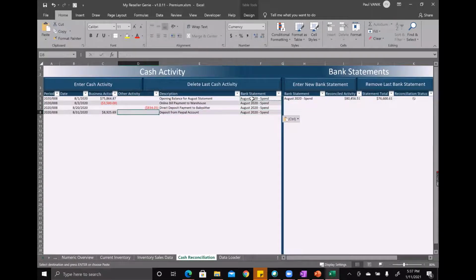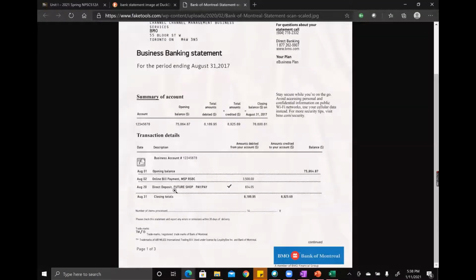All right. Okay, so I just noticed that the total of these numbers, the 3,500 and 834.05, doesn't match the total for the amount debited. So I realize there's another amount somewhere. Remember what I was saying about the credits? Sometimes you'll have 2 different sections, and one will be for electronic transactions and the other will be for check transactions. I'm going to assume the rest of what was debited is in the check total.